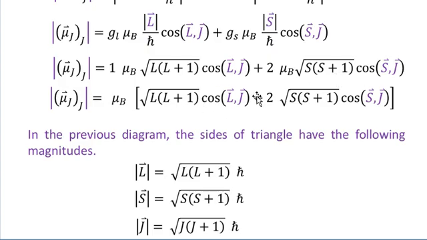So the final result is that I can take mu B as a common factor, and then within the square bracket I have the square root of L into L plus 1 multiplied by cos of L comma J, and then plus 2 times the square root of S into S plus 1 times cos of S comma J. So you see that this is the final result giving you the magnitude of mu J.